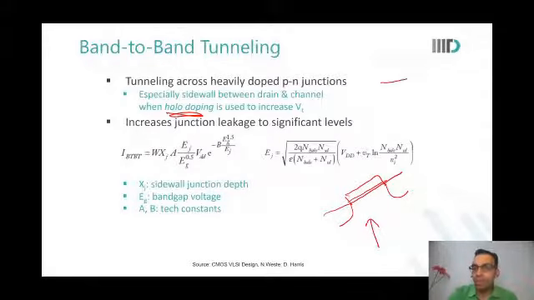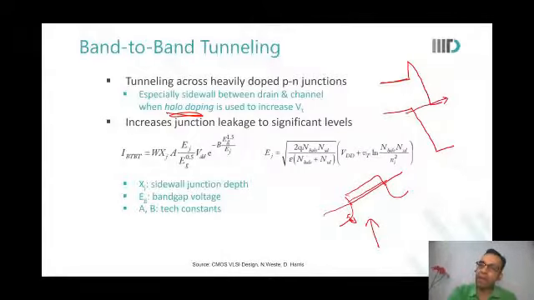The conduction band of one side starts to become aligned with the valence band of the other side. And if the depletion width is small enough, then electrons will simply tunnel from the valence band on one side to the conduction band on the other. That is called band-to-band tunneling.